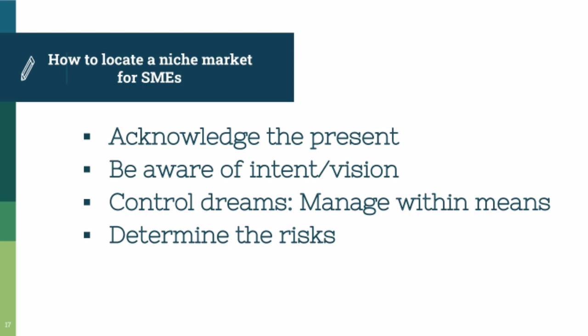What are the things that you look at? You have to control your dreams. Manage within your means. What are the things you have, and what will these things give you? What will these things provide for you? And don't forget, as an entrepreneur, you have to determine the risk. You have to look at what are the problems or challenges that you might be facing.